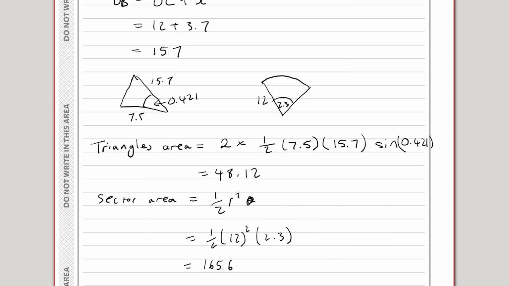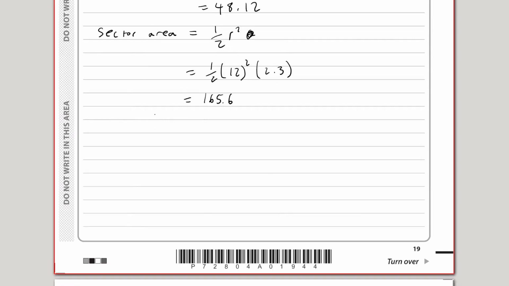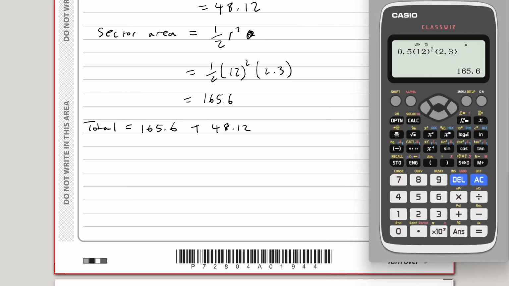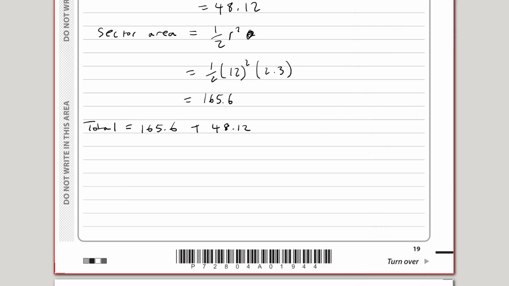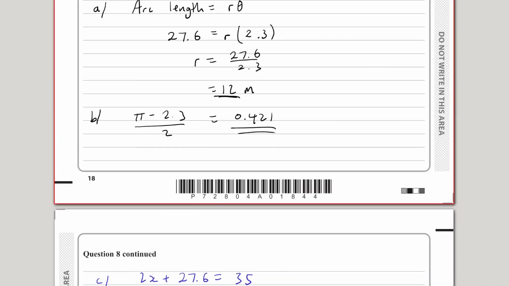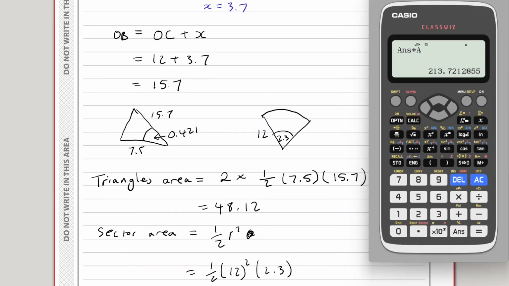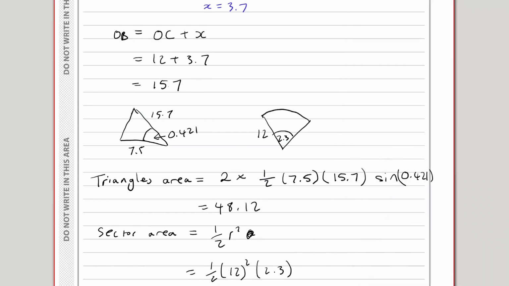So add them together. I saved my answer, my 48.12, as A. I just add on the A. I get 213.7 to the nearest square meter. So that would be 214.